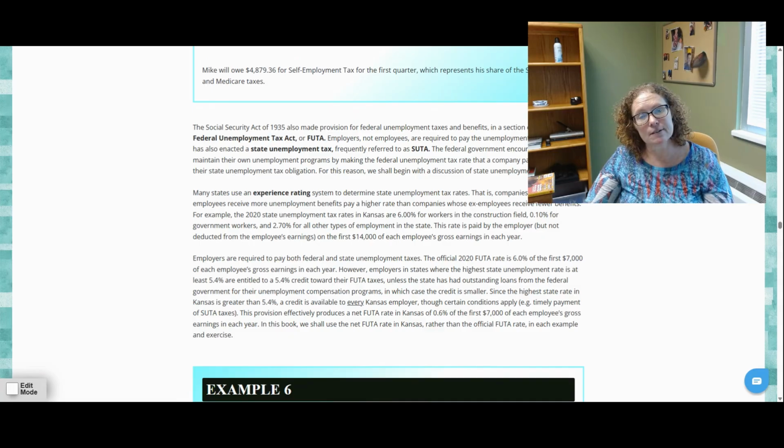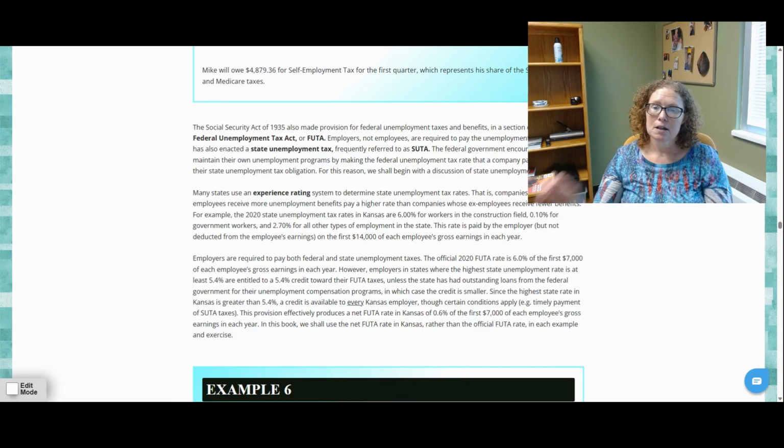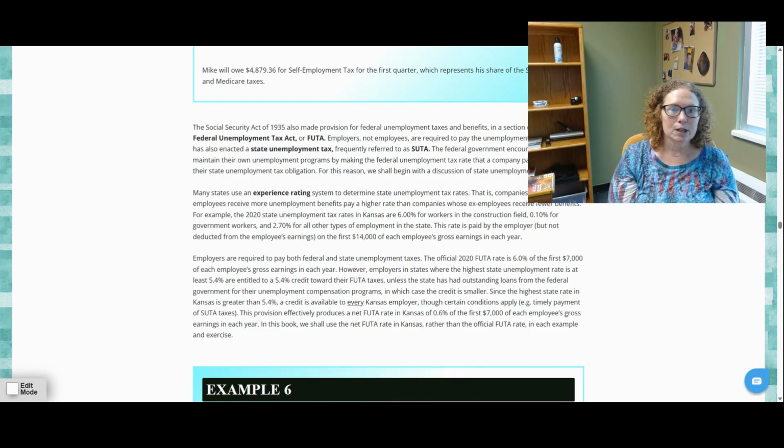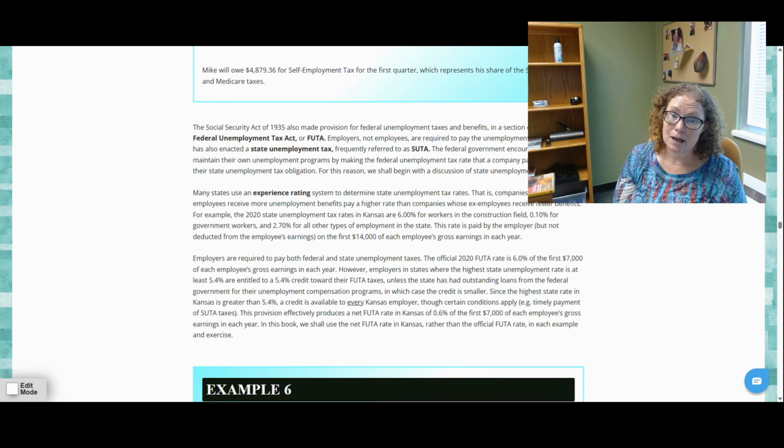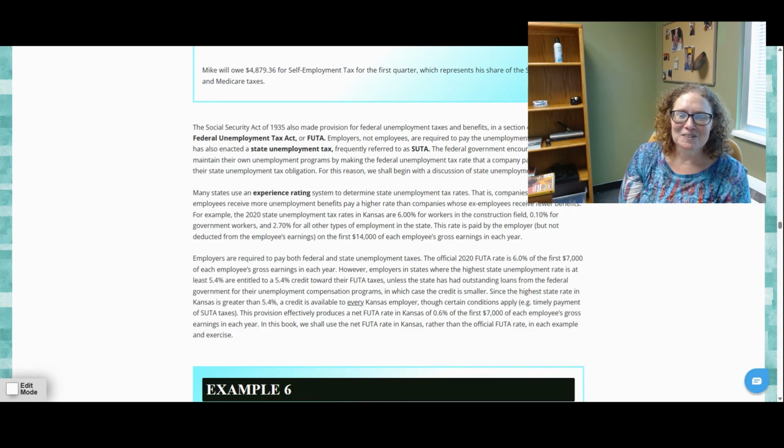Now this FUTA and SUTA is not a tax that is paid by employees. So we are not deducting these from the employee's amount for the net pay, but we are adding it to the responsibility of the employer.